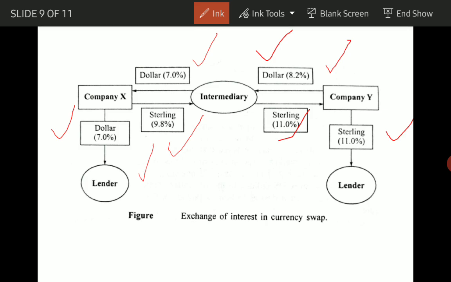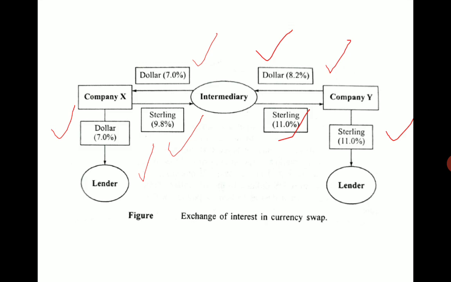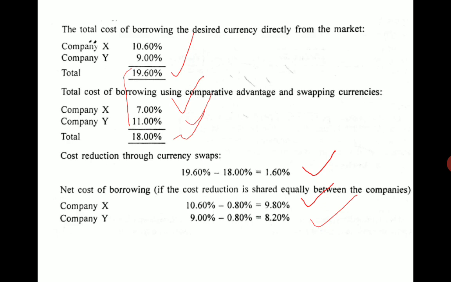Now here, if you want to make a profit for the intermediary, then we can do one thing also. We can share the cost reduction among three parties. Earlier, when we saw, it was 0.8 shared between the parties. Now let us share like this: 0.6 each to X and Y, so it comes to 1.2, and the balance 0.4% let us share with the financial intermediary.